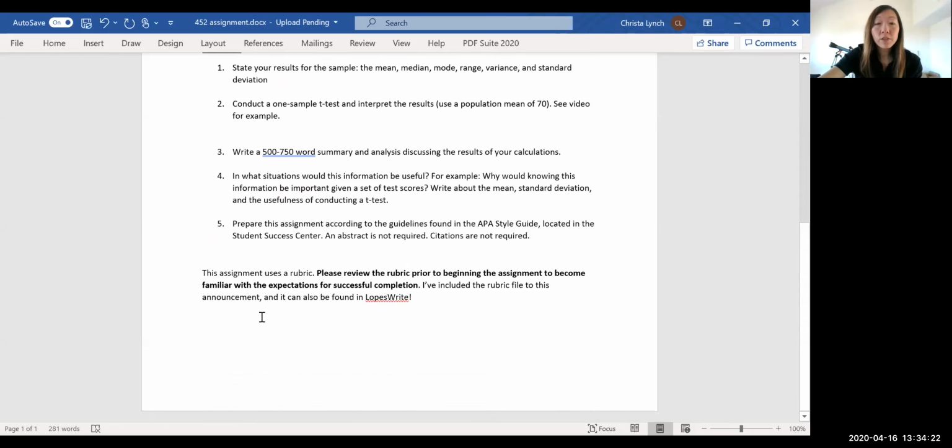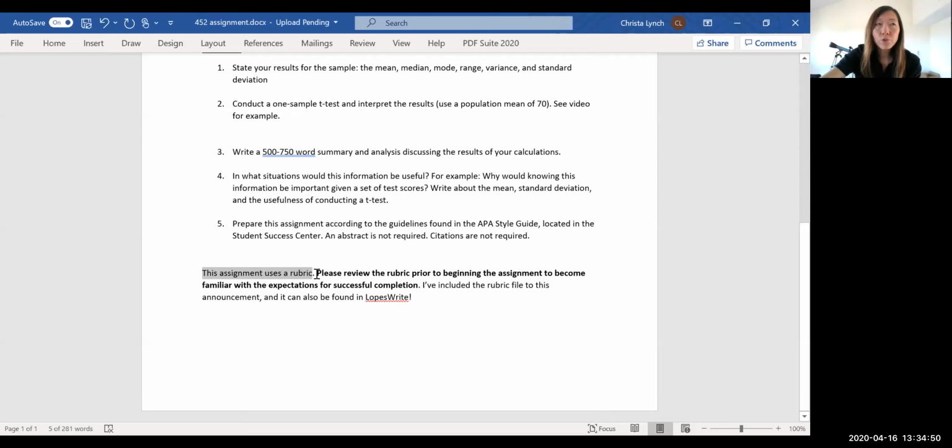This assignment does use a rubric, so you need to review the rubric before beginning the assignment or as you're doing the assignment to become familiar with the expectations for successful completion. I don't know how many times students do their project and it's clear that they did not use the rubric because there's whole sections that are missing, and sometimes those sections are worth like 20% of the grade.